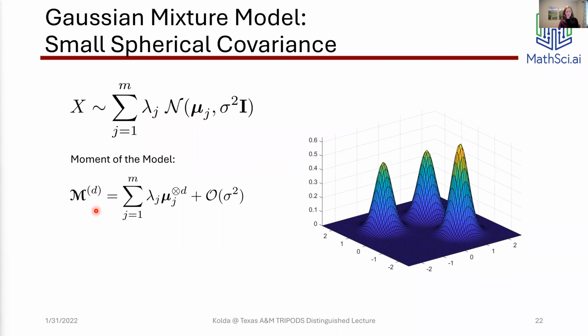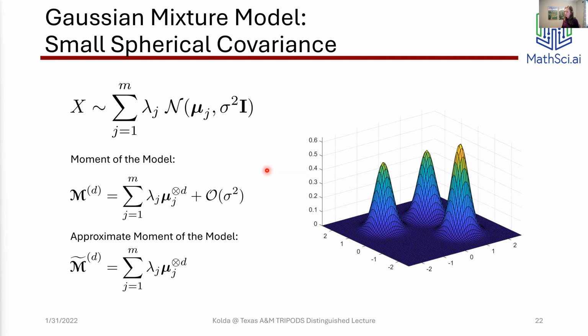The dth order moment is just lambda j times the dth outer product of the mu j, and then something that depends on sigma squared. And we're just going to say that isn't that important if sigma squared is small. So we'll build an approximate moment of the model where we ignore these terms that depend on the covariance. We'll just look at this first term and focus on the cases where this term dominates.